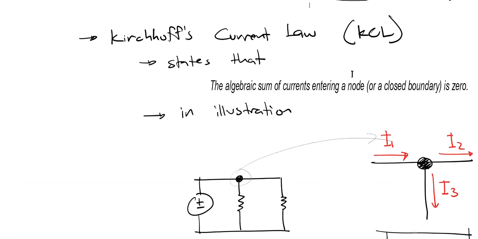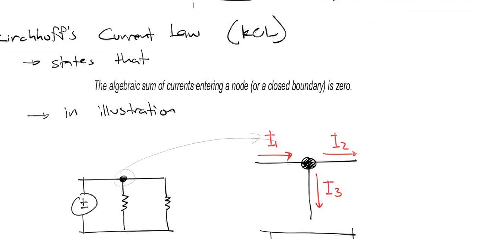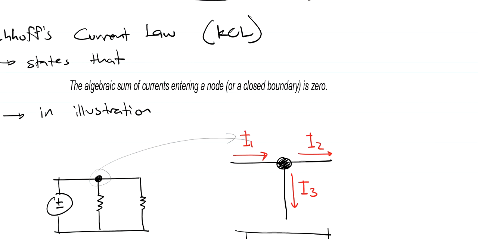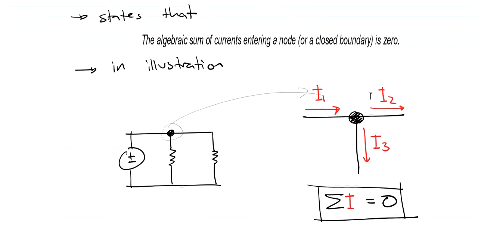So our first law, Kirchhoff's current law, says that the algebraic sum of currents entering a node or closed boundary is 0. In illustration, if this is our electric circuit right here, this is already a node, or if we shrink that down depending upon how we see it.